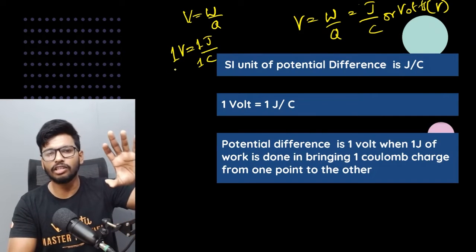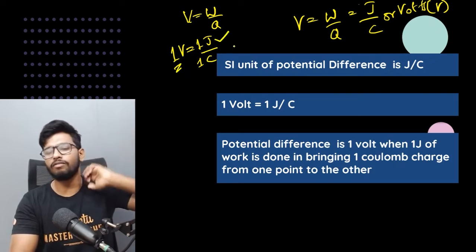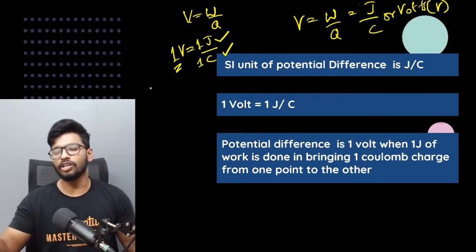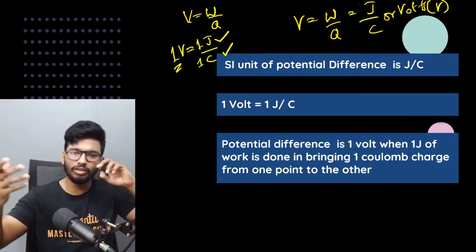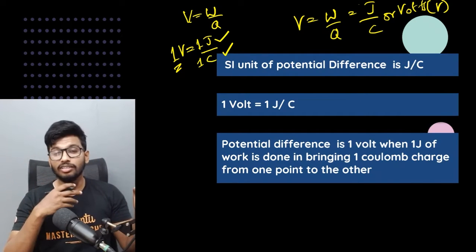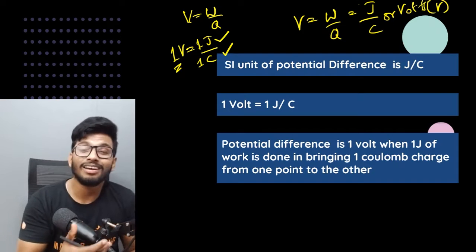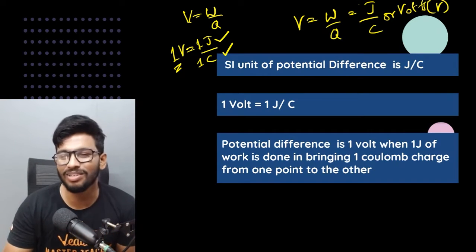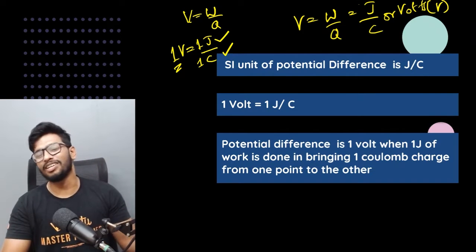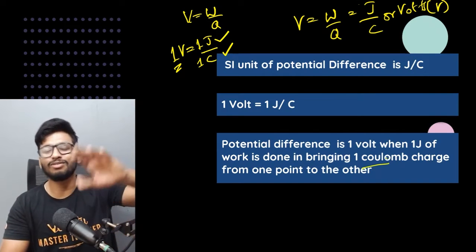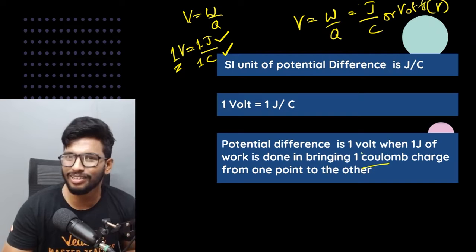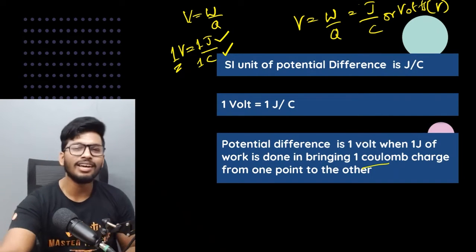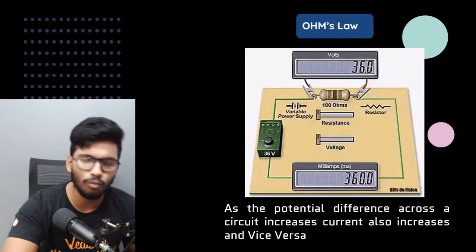Potential difference is said to be 1 volt when 1 joule of work is done to move a charge of 1 coulomb from one point to another. That is what is called 1 volt. So this is how you define 1 volt.